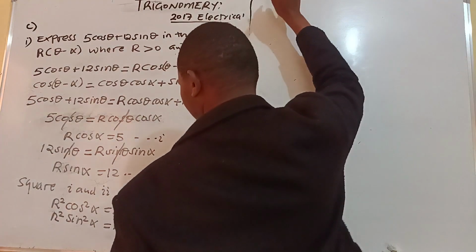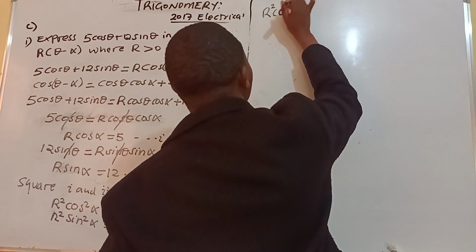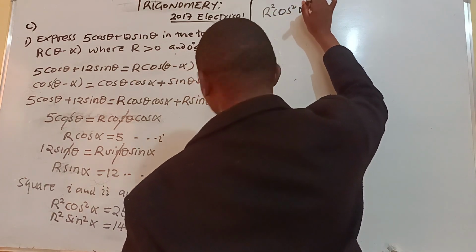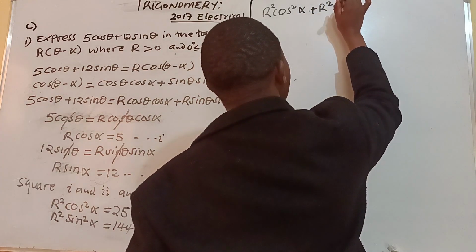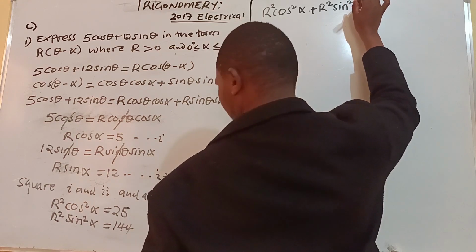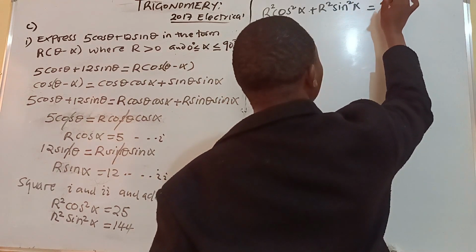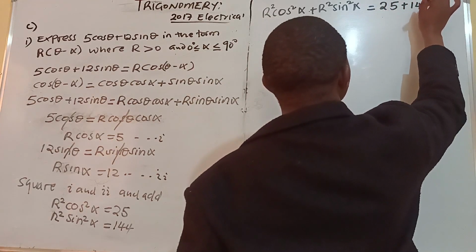Now let's add: R squared cos squared alpha plus R squared sin squared alpha is equal to 25 plus 144.